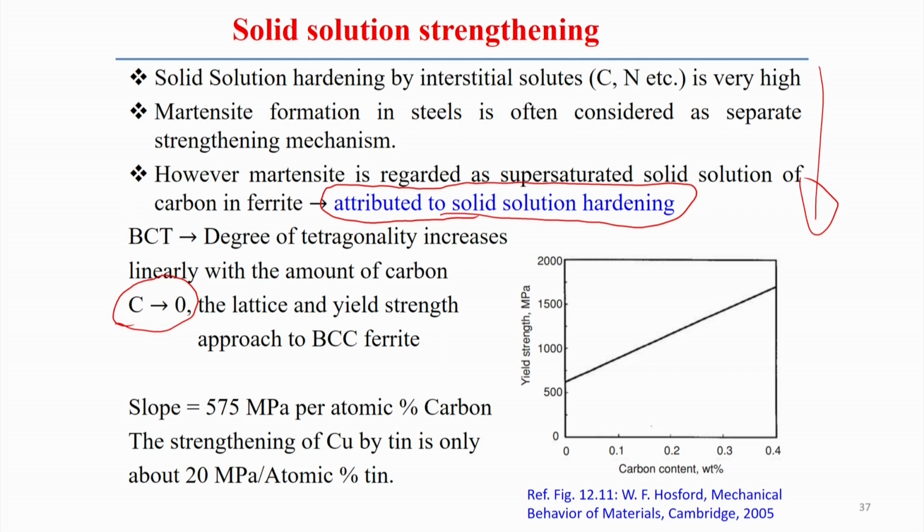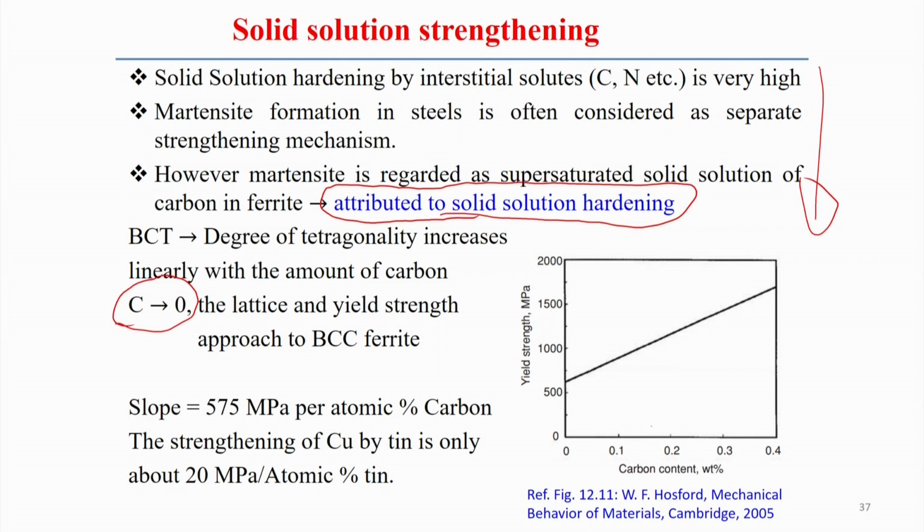So, here if you see the percentage of carbon and the corresponding yield strength value, it almost increases linearly from 0 carbon percentage to 0.4 carbon percentage. There is a huge increment of the yield strength, only simply by the presence of the carbon, and carbon here is in terms of the interstitial solid solution in iron.